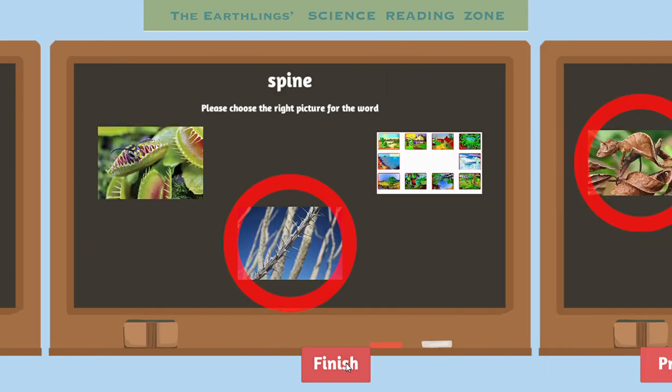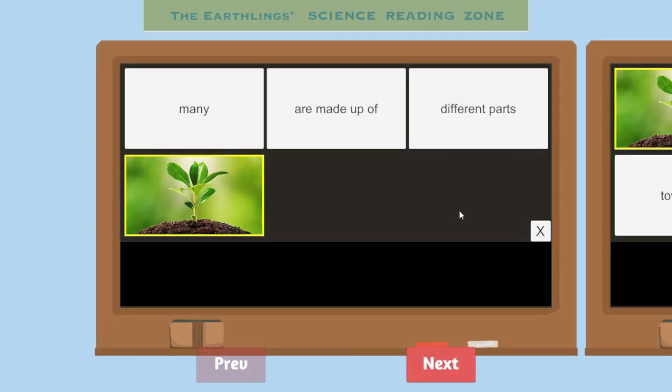Then press the finish button. We'll move on to the sentence structure. So here, how do the students practice? They need to reconstruct the sentence forms, and the keywords will be adjusted to the picture.